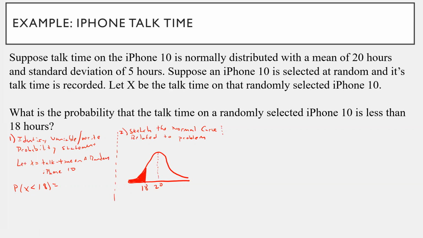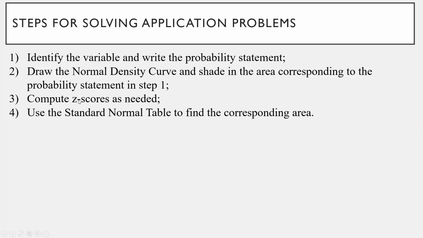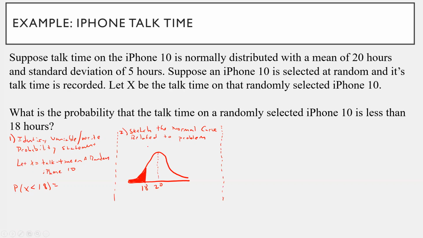The third step you're going to need to do is compute z-scores as needed. You're going to need to do z-scores for values of interest. Basically, whatever value you have in the probability statement, you need to compute z-scores for.